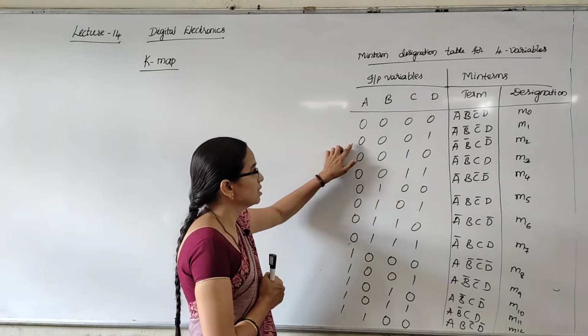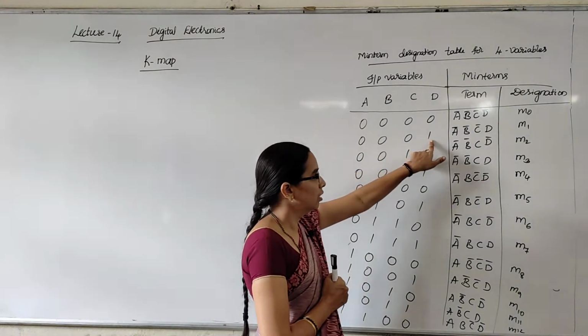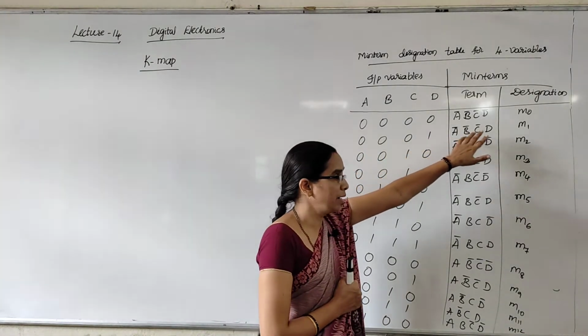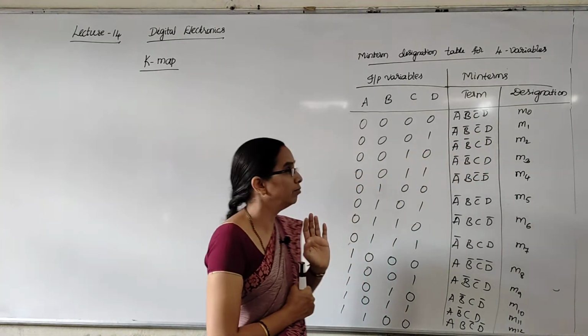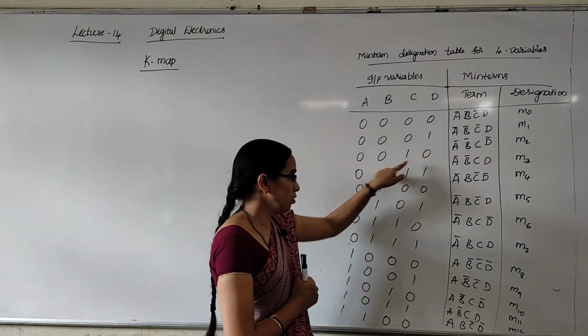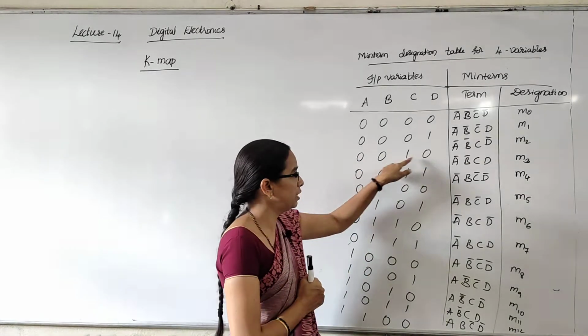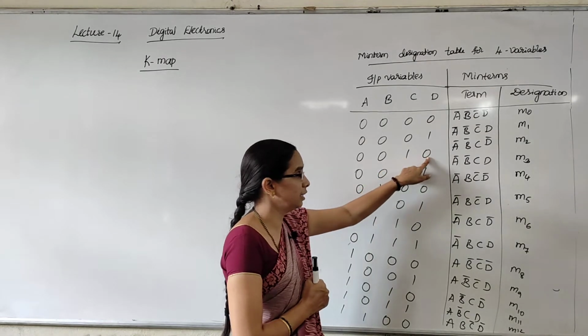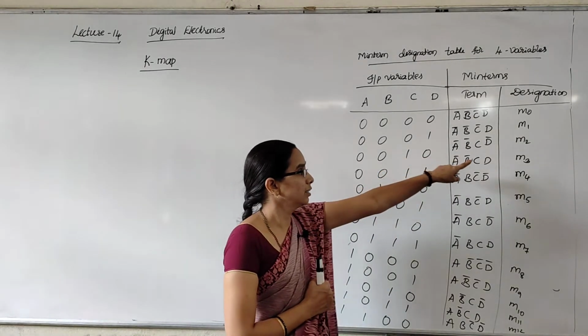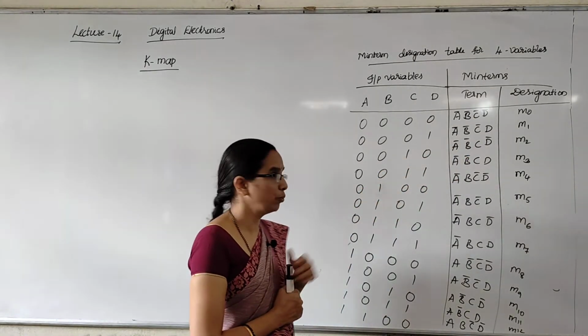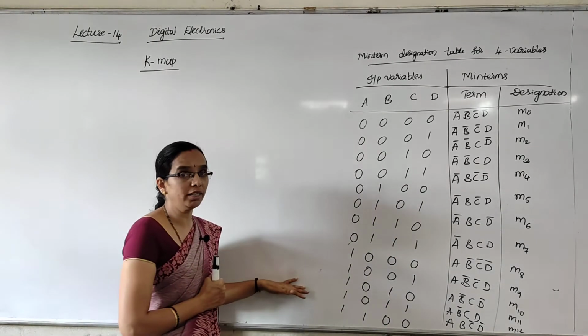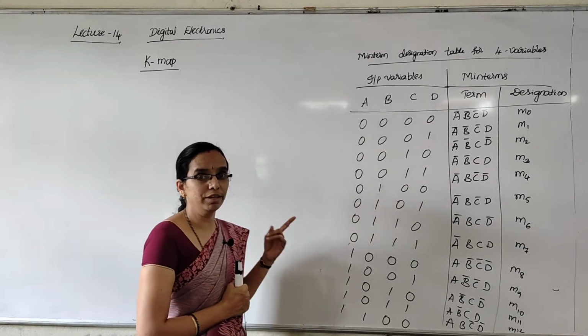In the same way, 0, 0, 0, 1 is A bar, B bar, C bar and D, and the min-term is M1. 0, 0, 1, 0 is A bar, B bar, C and D bar, and the corresponding designation is M2. In the same way, up to 15 we will write. 15 in the sense 1, 1, 1, 1.